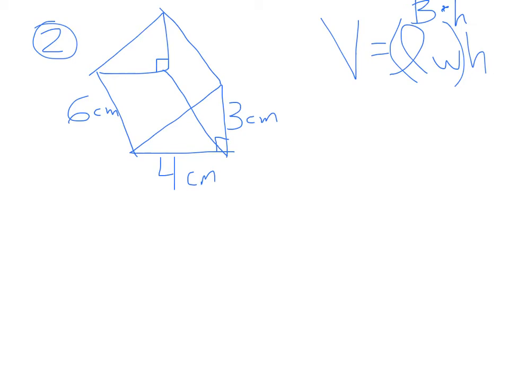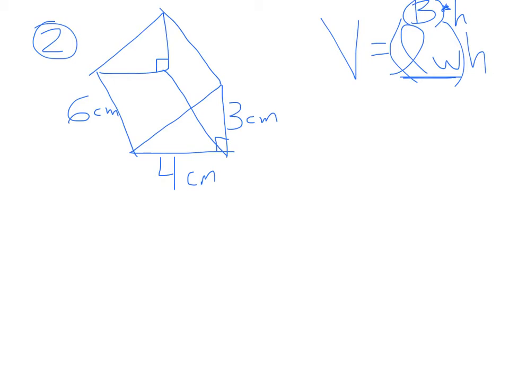Well, in a rectangular prism, the base is a rectangle. So if you're finding the area of the base and the base is a rectangle, then you're finding the area of a rectangle. And the area of a rectangle is the formula length times width. So what happens is this big B is a formula. So it turns into LWH.